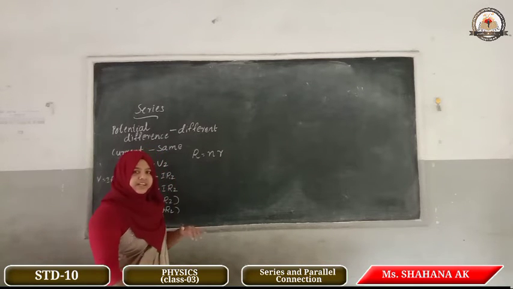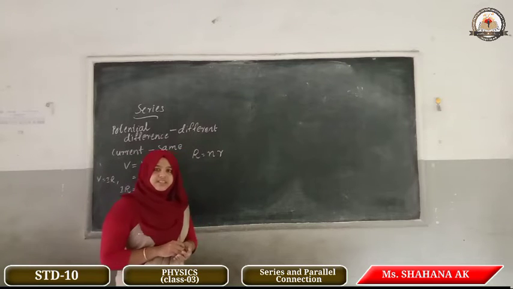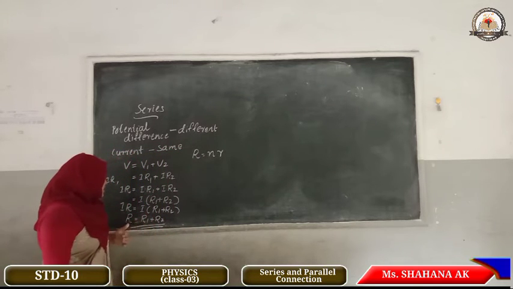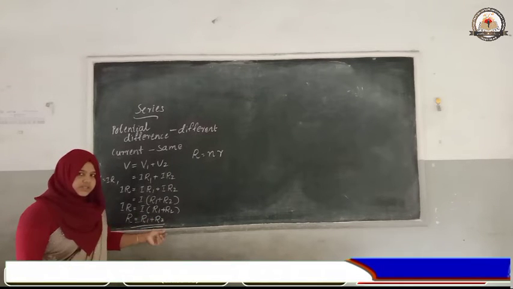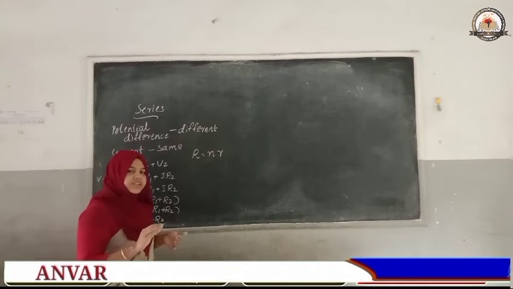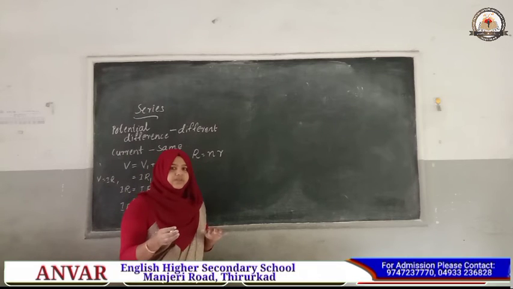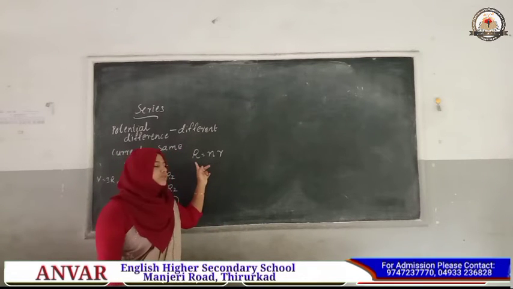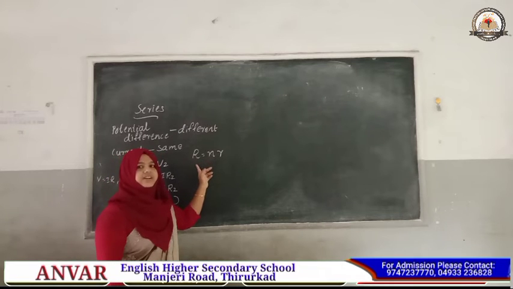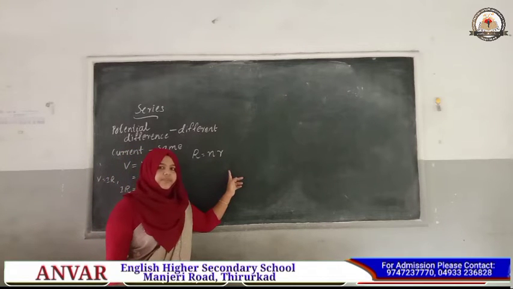So when we are connecting resistors in series, we can find the effective resistance using the equation R is equal to R1 plus R2. Then if we are using resistors of same value in this circuit, we can use another equation to find the value of resistance, R is equal to NR. Is it clear?